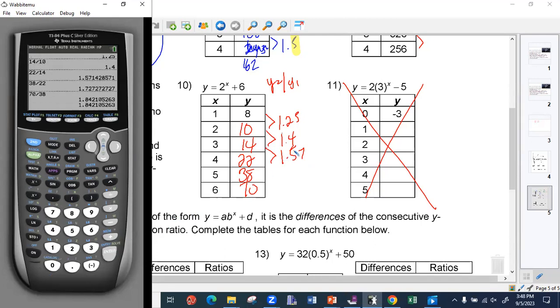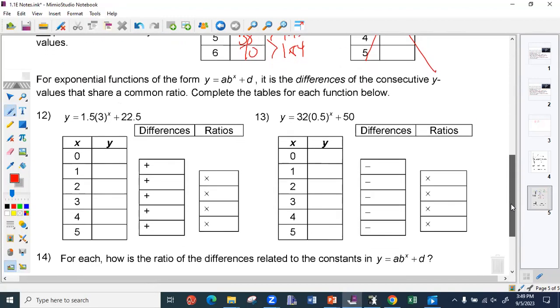Notice how these are not the same values, are they? Not at all, nowhere near. So what this tells me is that it can't be exponential. Well, it is exponential. It's just not an exponential in standard form, a times b to the x. It's an exponential in a different format. So what does that mean? When we are adding or subtracting a d value, you have 2 steps to take.